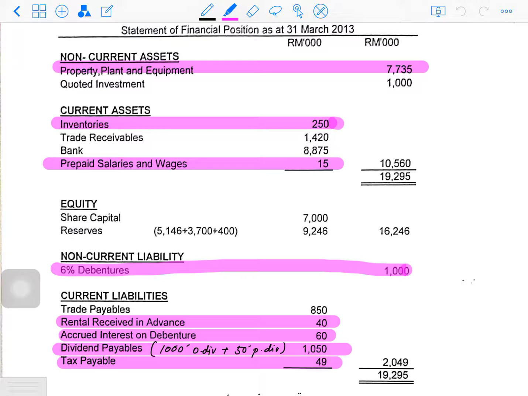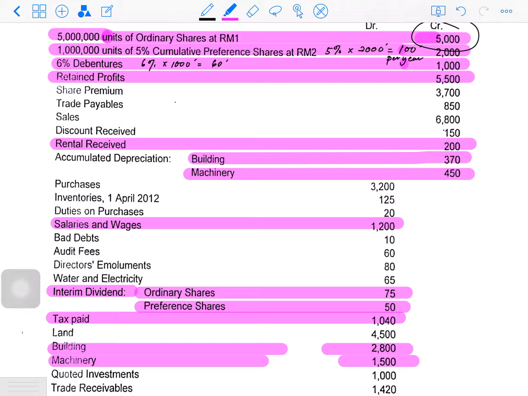Next, we have retained profit brought down figure. Retained profit in the trial balance 5,500,000. So put it in the statement of changes in equity. Retained profit balance brought down.